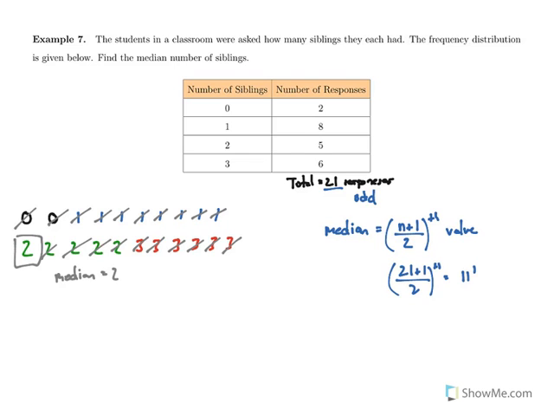That is the 11th value. And the 11th value is going to occur in here because we had the 10 values before from 0 to 1. So here the median again is 2, and that's an easier way of doing it. And again, if n was much bigger than 21, it might be the only way of doing it.